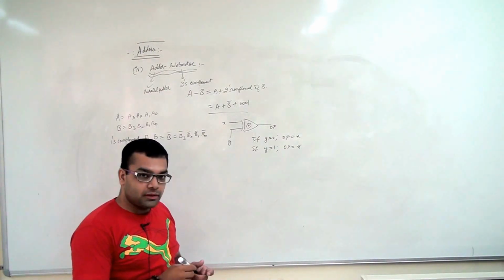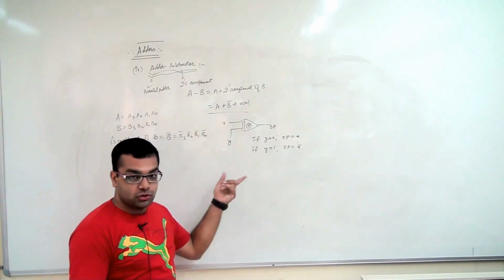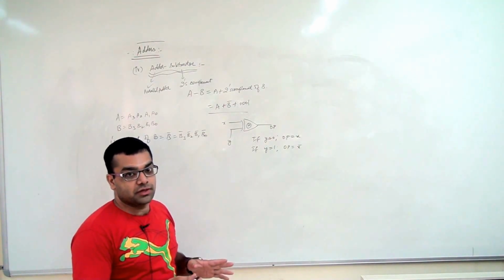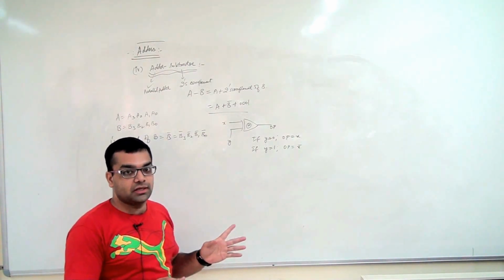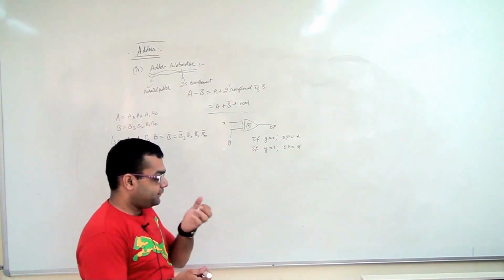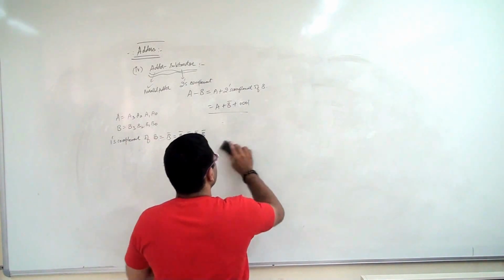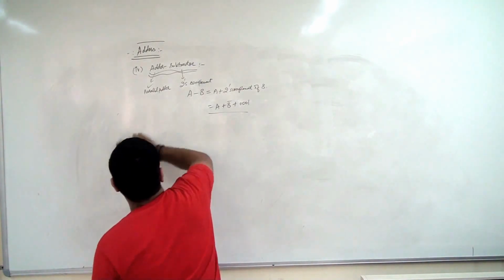Alright. In case you have any doubt, please refer to my lecture on the logic gates where we talked about the use of XOR gate as an inverter and a comparator also. Alright. So how are we going to use this property? We are going to use this property over here. How? Let us see.